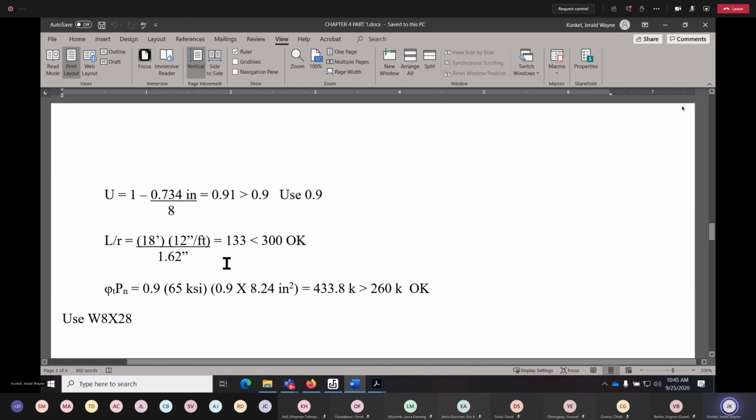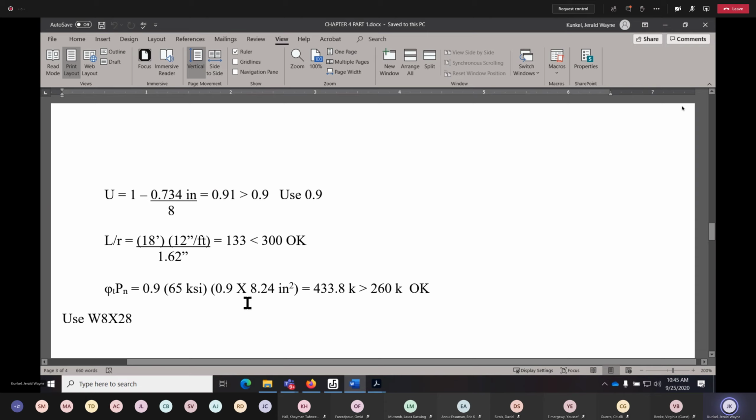We'll check the L over R ratio. The radius of gyration of the 8x28 is 1.62 inches. That gives us a slenderness ratio of 133. That's less than 300. Yay, that works.